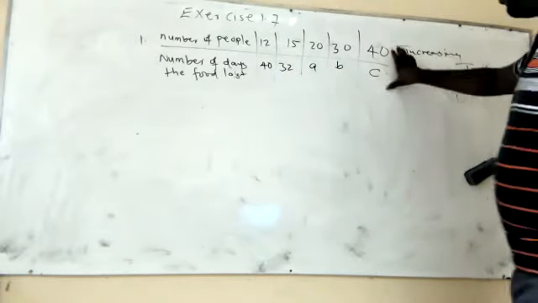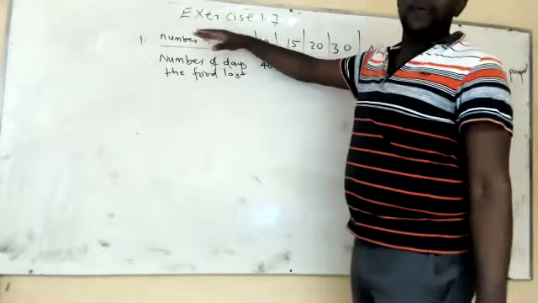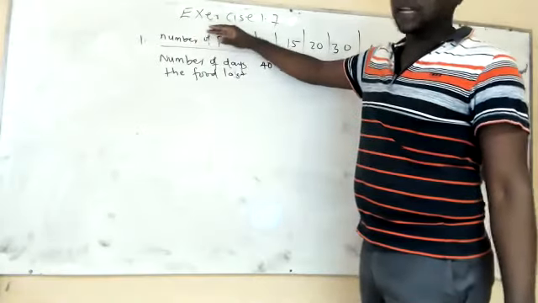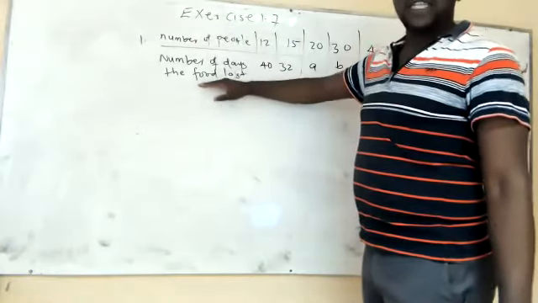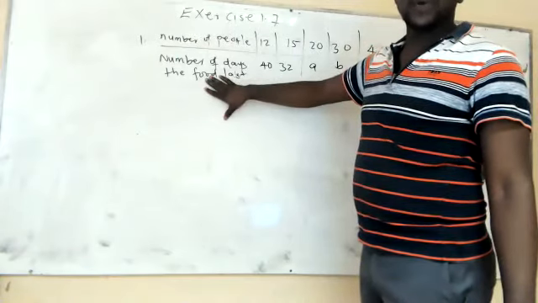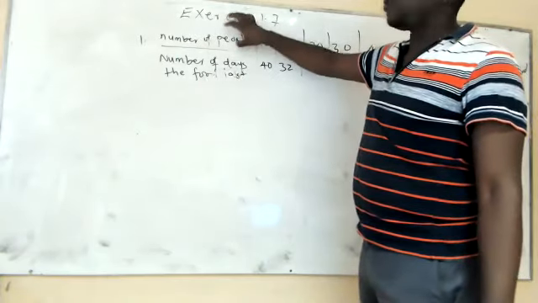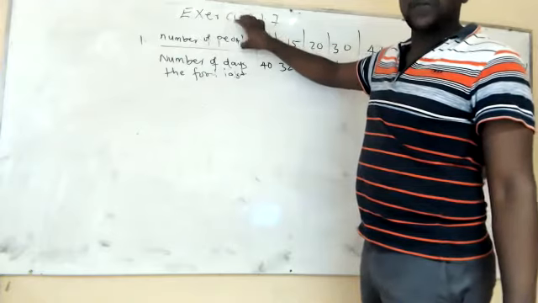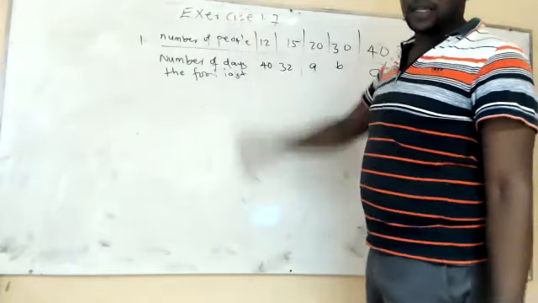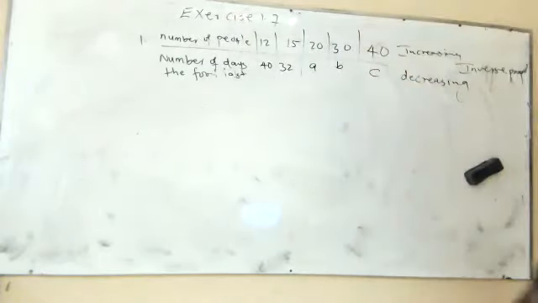That is a very obvious case. If the number of people eating the food is increasing, the days the food is reserved for these people will be decreasing because many people will be eating the food. Are we clear with regard to that question? Yes. Okay, so we have answered the first part of the question.